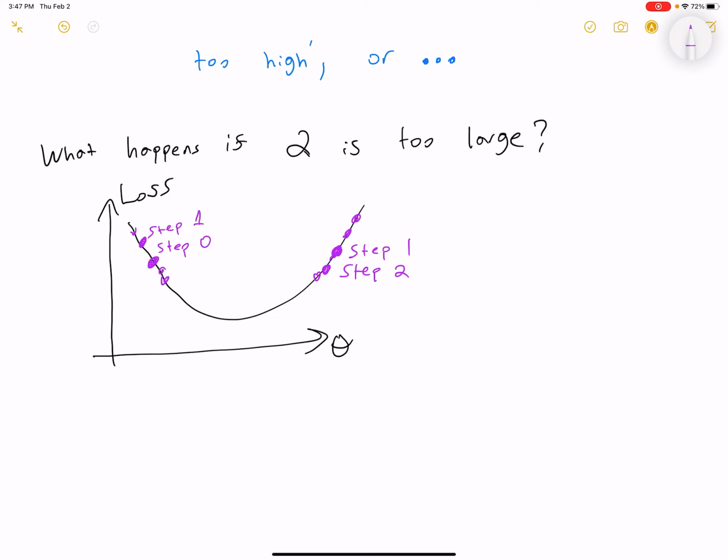We never get there because the amount that we jump each time is so large, we never have the chance to get down to our minimum, our parameter value that will lead to minimum loss.